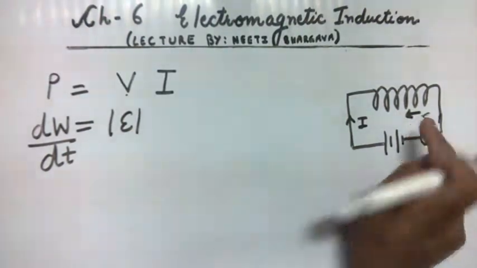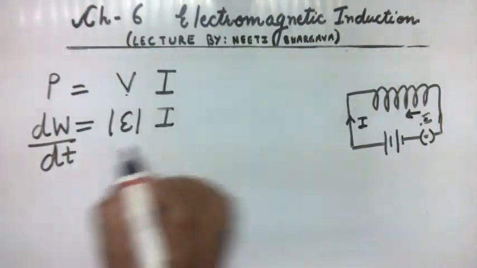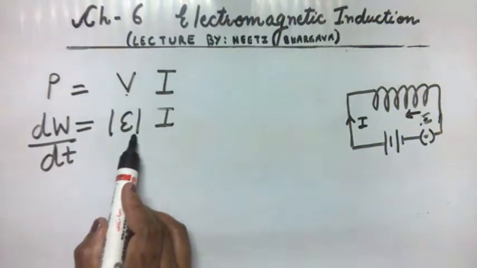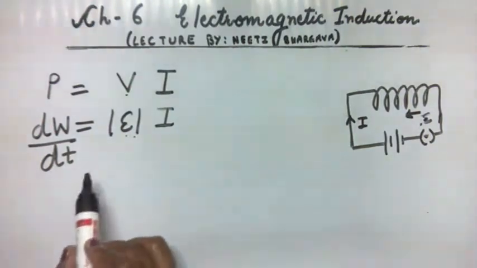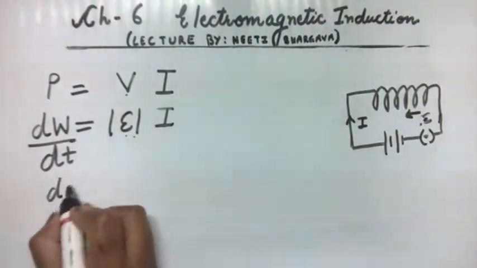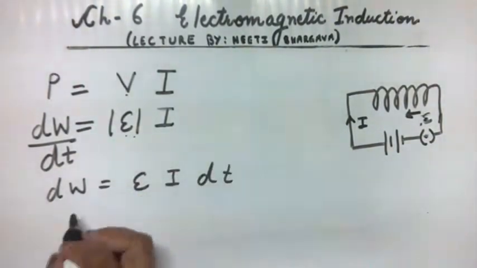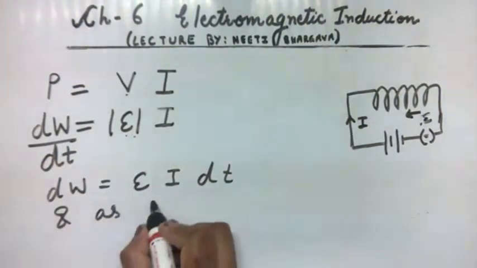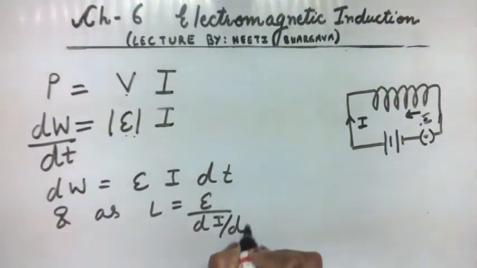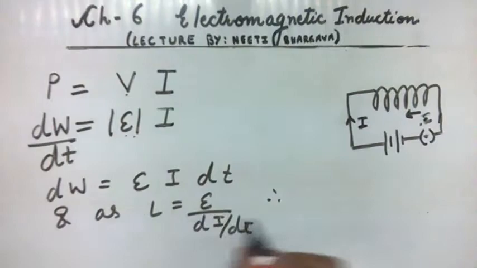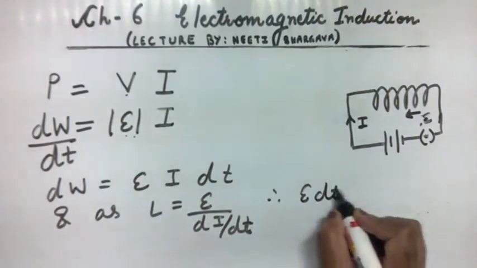So here we are taking its magnitude, into I. Now when only the inductor is connected, we can write this induced EMF in terms of the inductor. Also we can write dW is equal to EI dt, and as E is equal to L di by dt, we can write E dt equal to L into di.